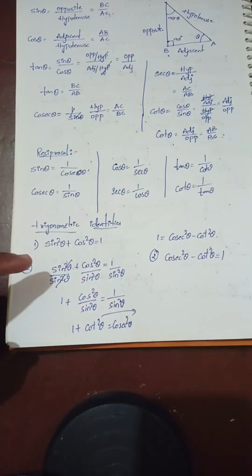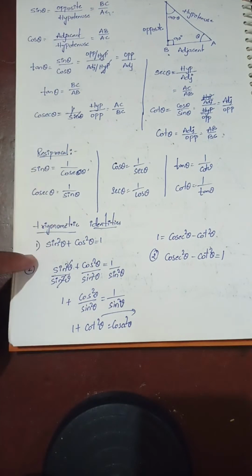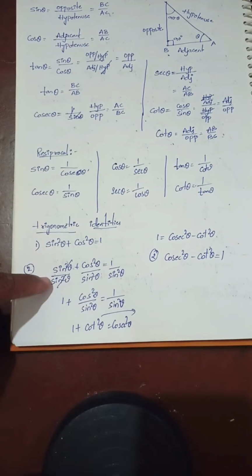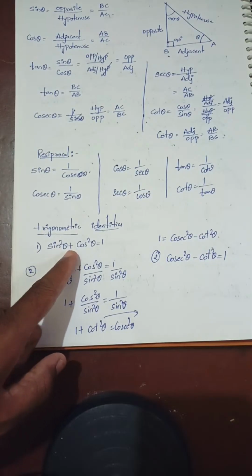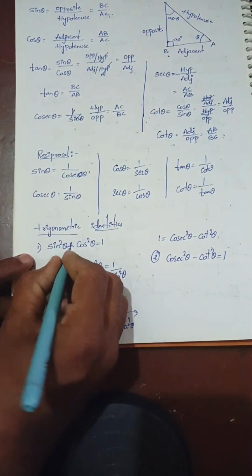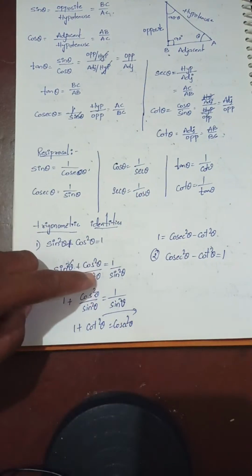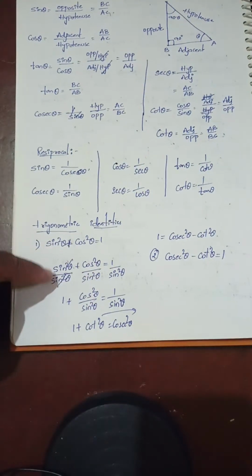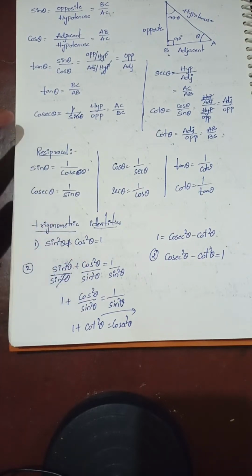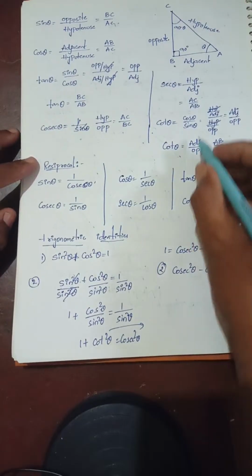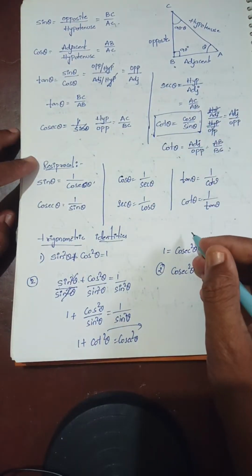The first identity is sin square theta plus cos square theta is equal to 1. To find the second identity, we are dividing with sin square theta on both sides. Now separating, because we are having the operation plus, the denominator sin square theta we are writing separately on both sides. Cos by sin is nothing but cot.